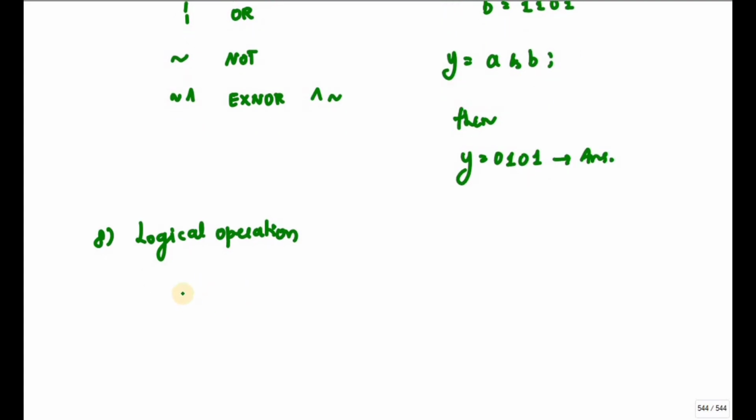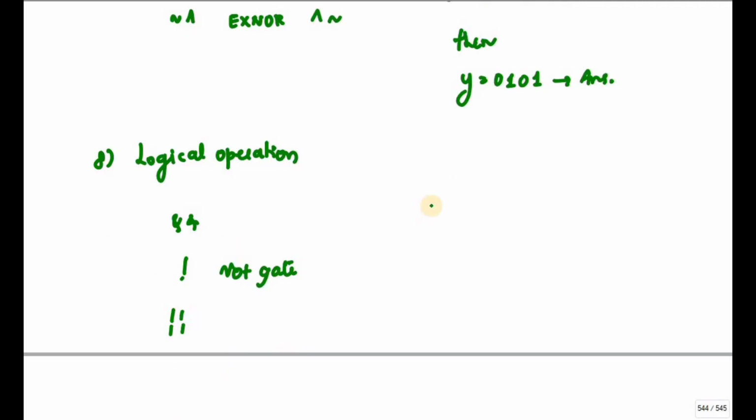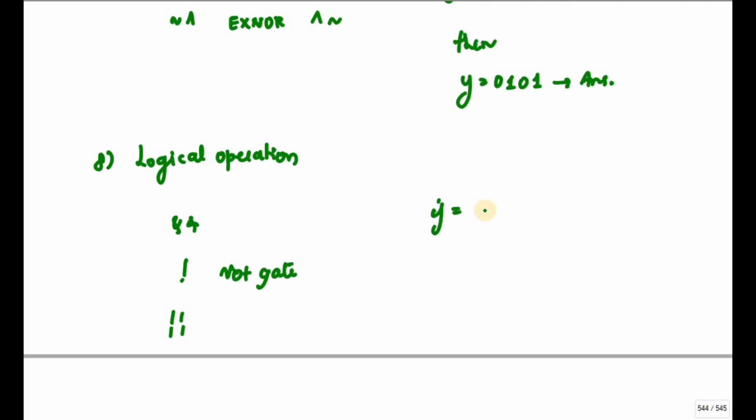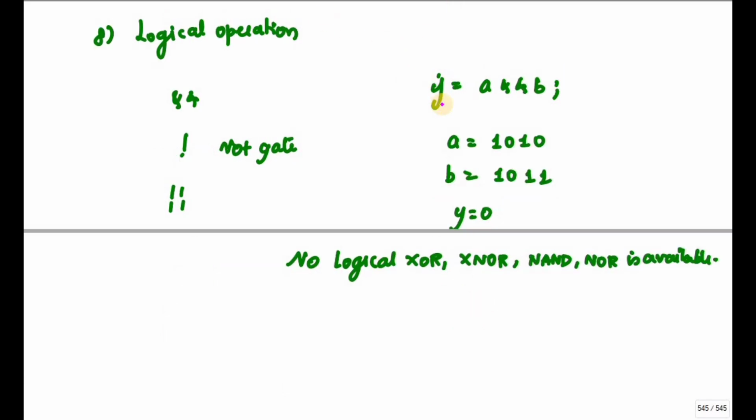And the next operator is the logical operator. So double AND symbol, NOT gate, and NOT of AND is the NAND gate, right? Your NAND gate is not available here. So this is an OR gate. So if A and B, here A is 1010, B is 1011.